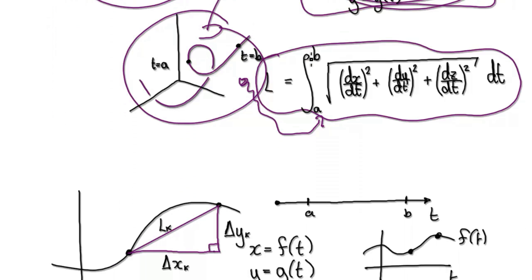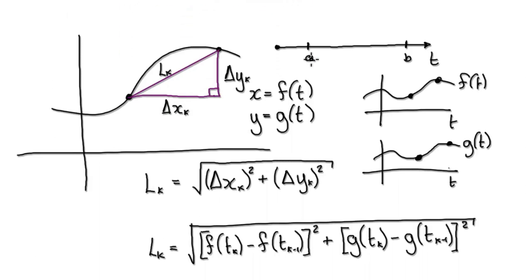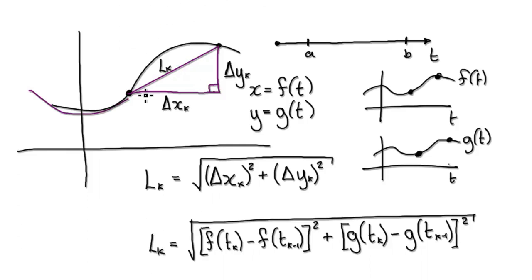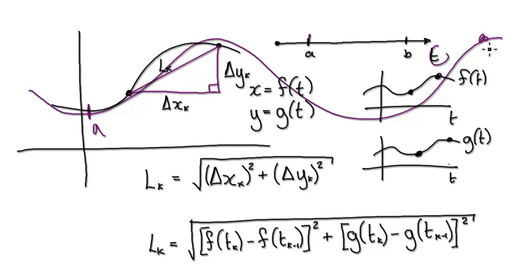So in parametric form, let's say you've got a curve given by this, and let's just say this is A, and B is somewhere here. So you've got a particle moving along this path.